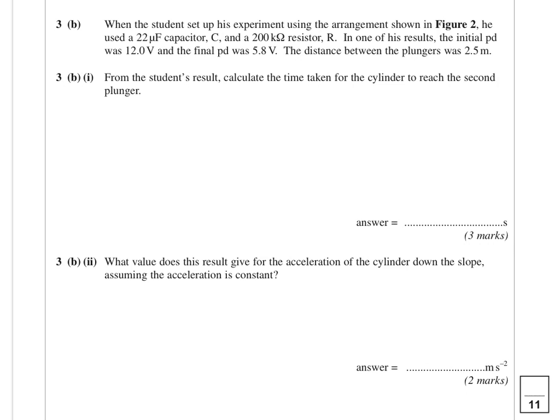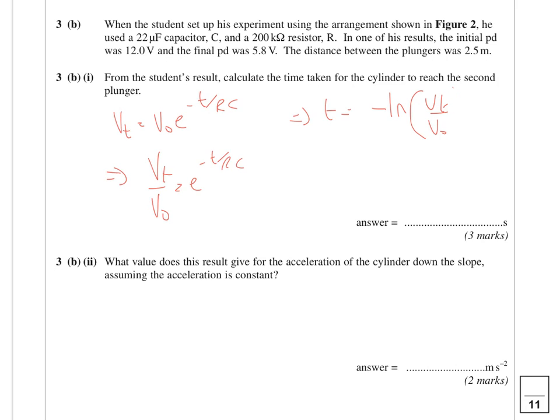Calculate the time taken, so we're essentially using this equation here, and we want to get the time, so we're going to have t equals minus ln of Vt over V0, times RC. So let's put our values in there.